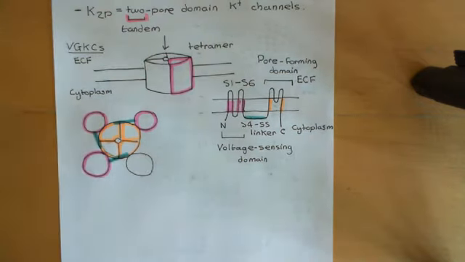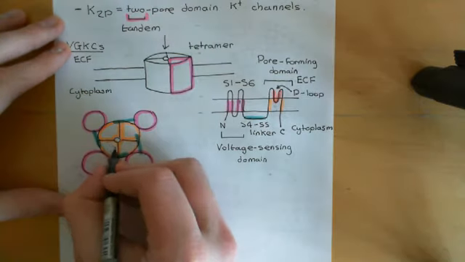Basically, this is the portion that forms the pore, and specifically this little loop between S5 and S6, this reentrant loop that tries to span the membrane but fails, is what's known as the P-loop. That stands for the pore loop, and in fact this lines the pore at the extracellular aspect.